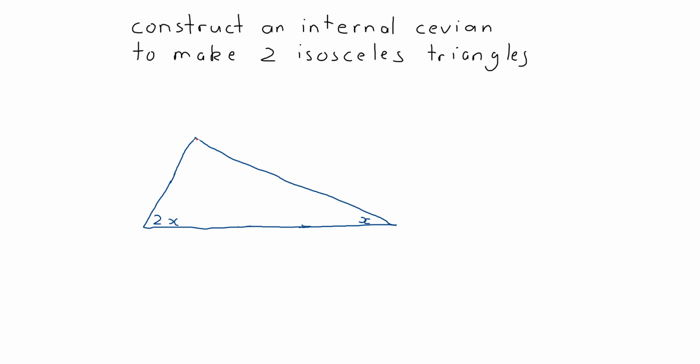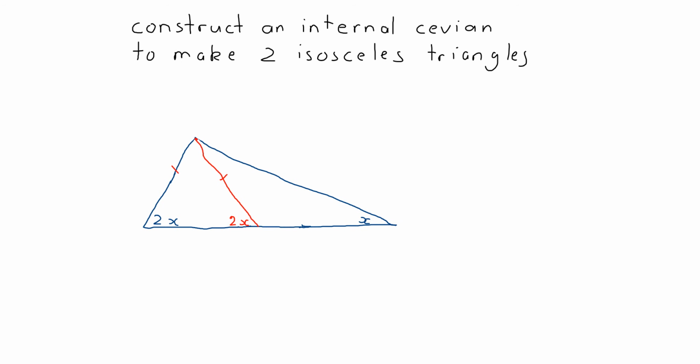So we're going to construct our triangle, our cevian, like this, and I'm going to make it such that this is 2x, these are equal, but we know if this is 2x and this is x, this external side here also must be x by the exterior angle of a triangle.